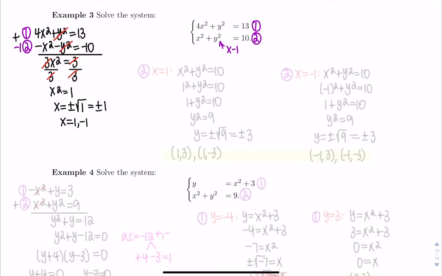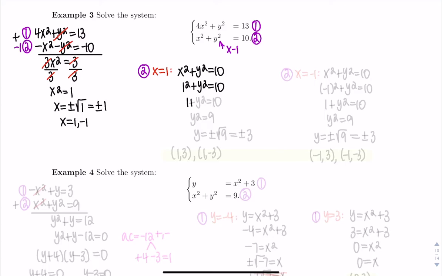Now we want to back substitute to find y. So I'm going to plug this into the second equation. Let's do x equals 1 first. So we get 1 squared plus y squared equals 10.